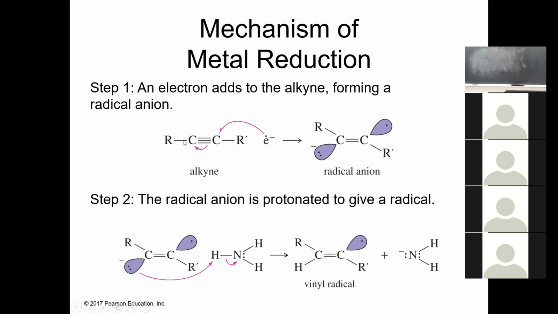And the free electron adds to one side of the alkyne. Notice the single barbed arrow here. That's a single electron, and that causes a pair of electrons to be pushed over to the other side. This was neutral.